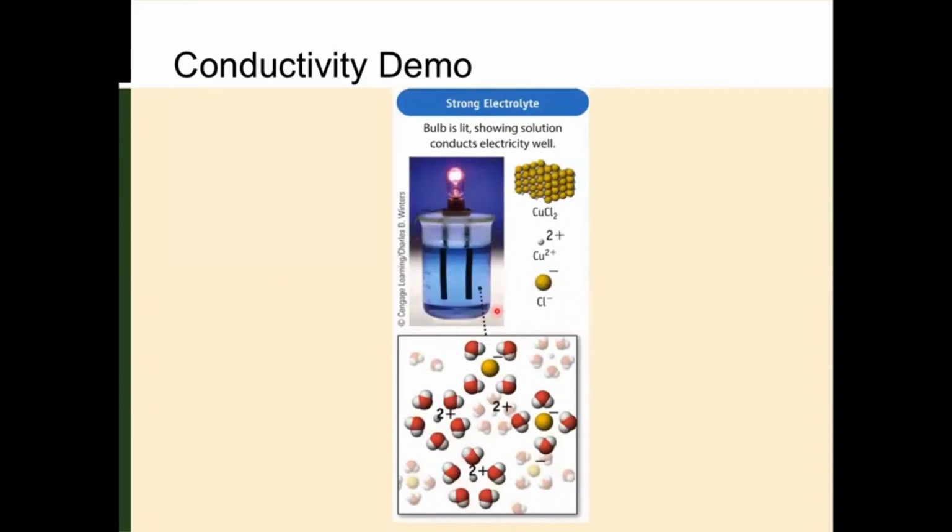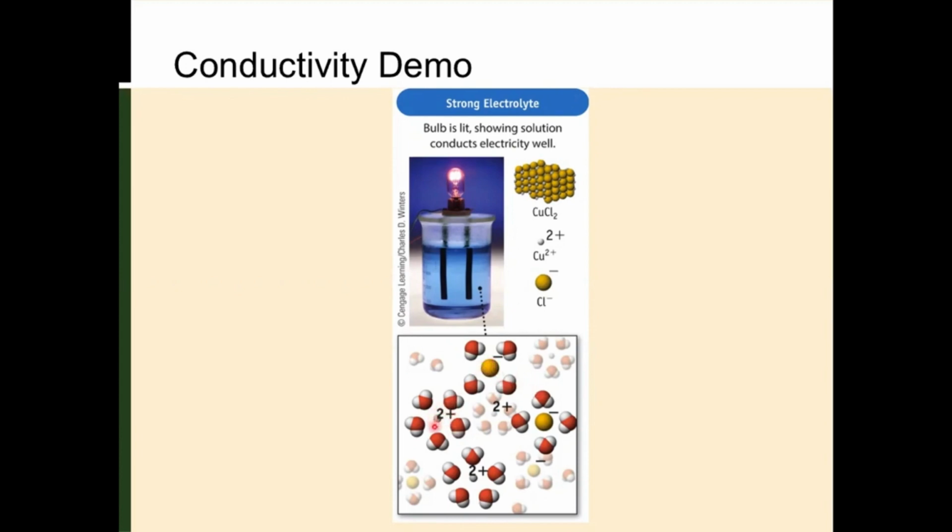So this is what I'm talking about, the conductivity demo. Here we have a beaker filled with some sort of salt solution. In this case, it's copper chloride. That's why it's slightly blue. In solution, as we've seen before with our dipole interactions and ion dipole interactions, we have the water molecules orientating themselves around the ions.